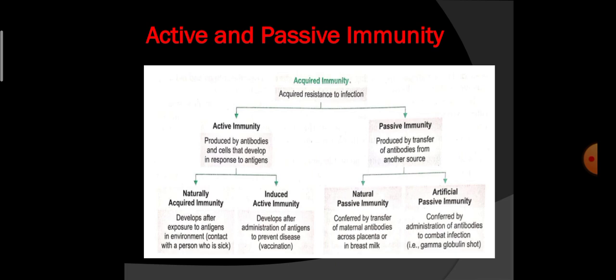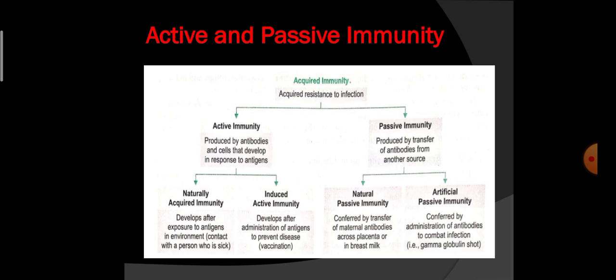Now coming to passive immunity, what happens? One is natural. Natural passive immunity is when the immunity is provided by maternal antibodies from the mother to the child. That is an example of natural passive immunity. So through the placenta the antibodies pass. I had told you which is the antibody that can pass the placenta, if you remember, that is IgG.